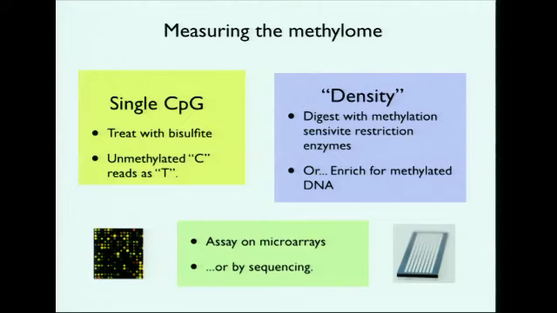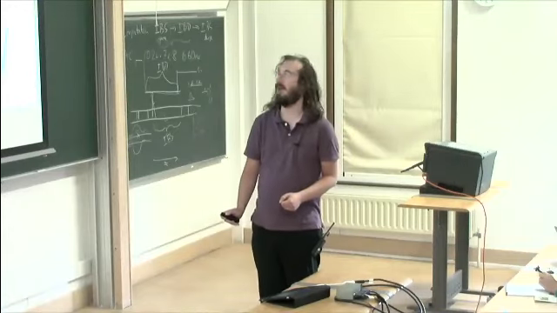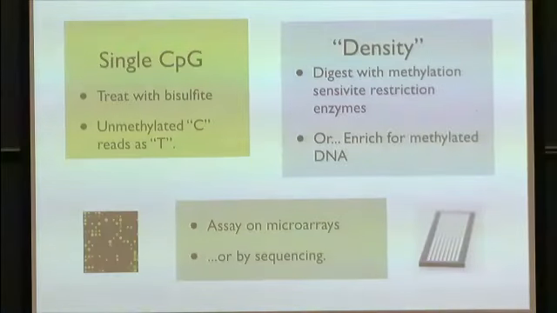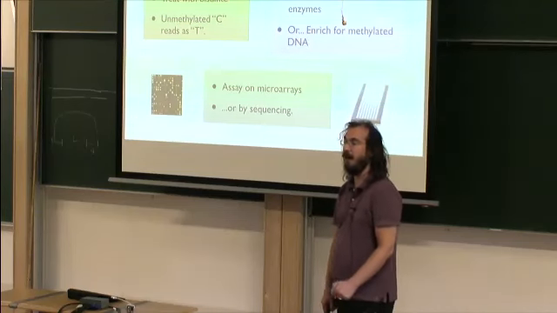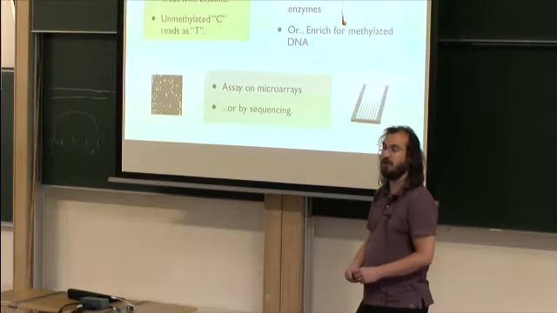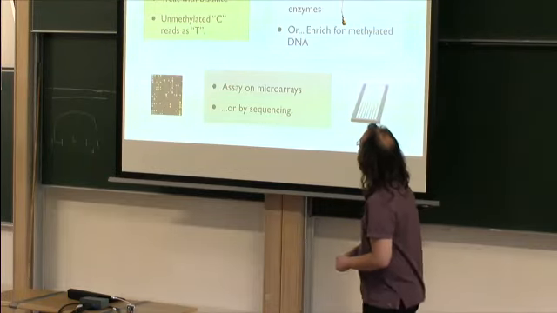They basically fall into two camps. Ones that look at individual methylatable sites, and these all rely on treating DNA with sodium bisulfite, which means that unmethylated cytosines read as thymines instead.